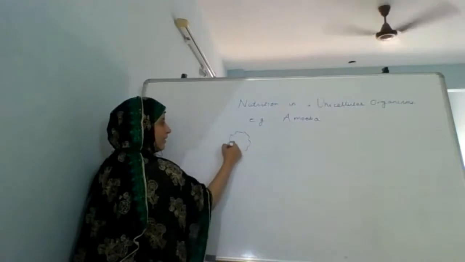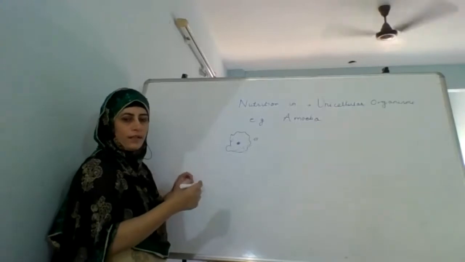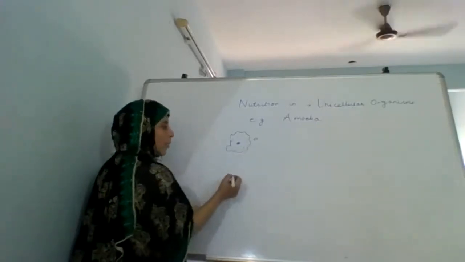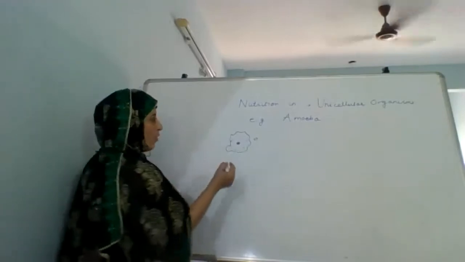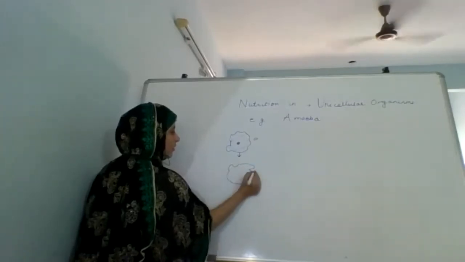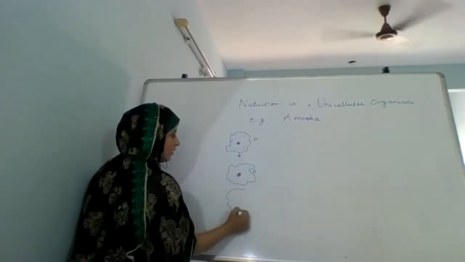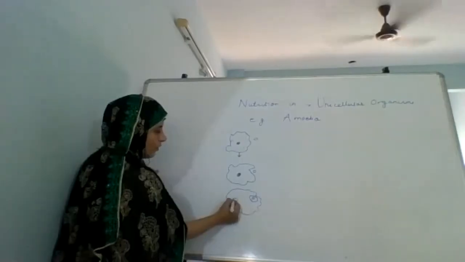Now, the amoeba is irregular in shape, we all know, right? And this is the food which is lying outside. And how does it capture the food? There are temporary projections which are projected from the amoeba. Then the next step is like this. It is coming closer to the food. Then it surrounds the food.